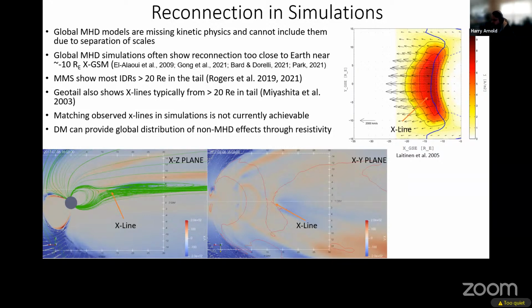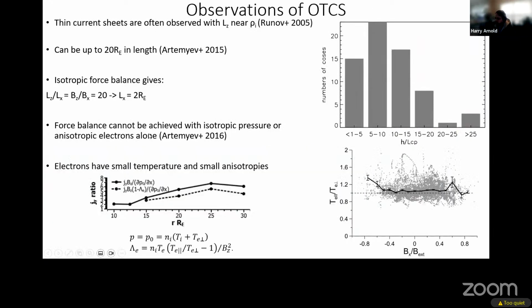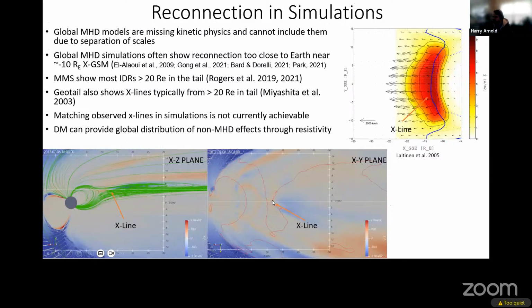And the thinking here is, if I just go back for a moment, if you don't have something besides isotropy, or I guess I should say, if you just have isotropy in your model, like MHD does, then you can easily end up with an aspect ratio of this, which gives you a very short current sheet in the tail. And that would lead to reconnection much closer in to the Earth.